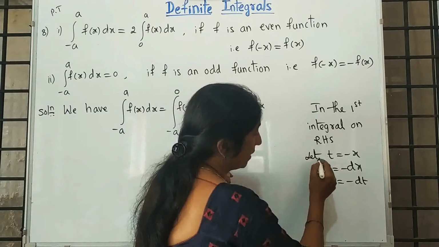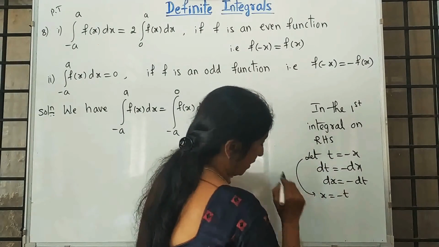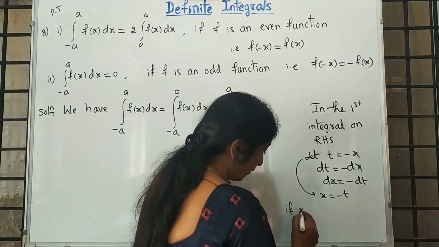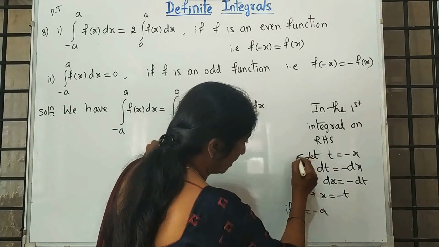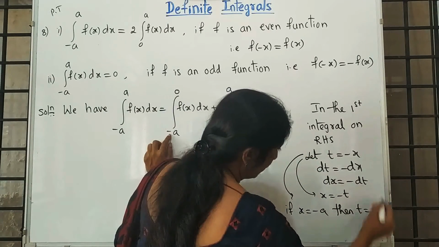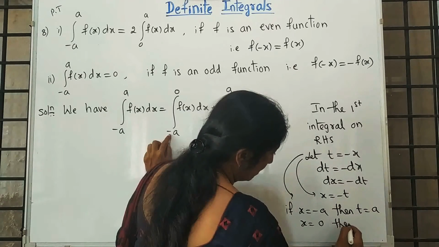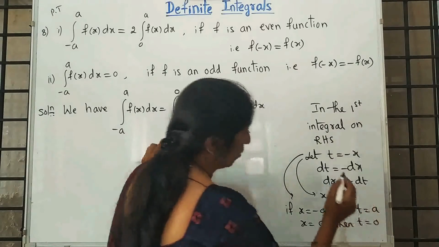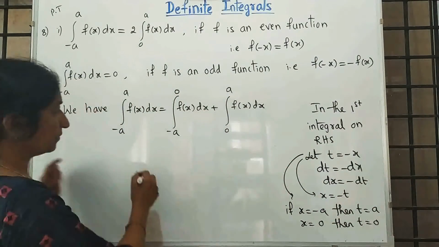So t is minus x means what? In place of x we are writing minus t, or what? Yes. Next, if x is the lower limit, what is it? The lower limit is minus a in this, then t is equal to minus of minus a, which is a. If x is 0, then t is equal to, remember, we are not writing minus 0. For 0 we are not writing the sign.